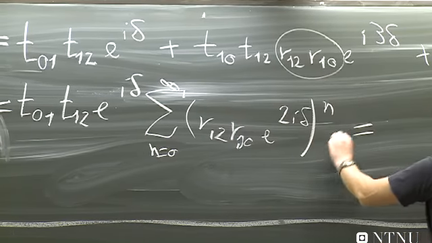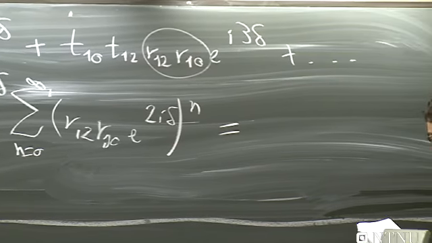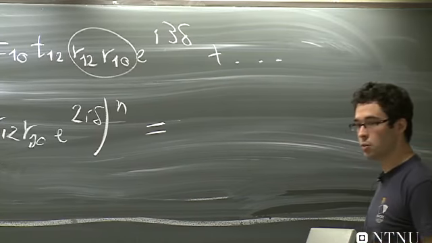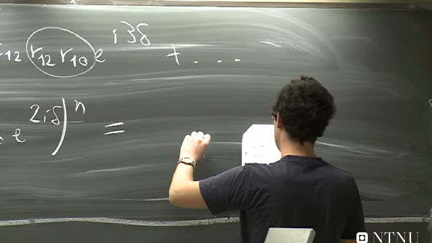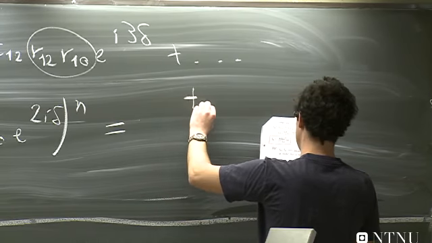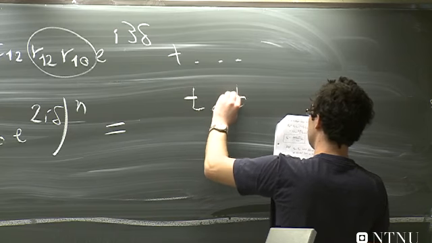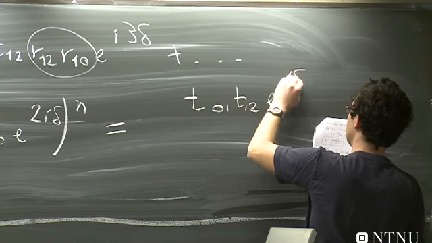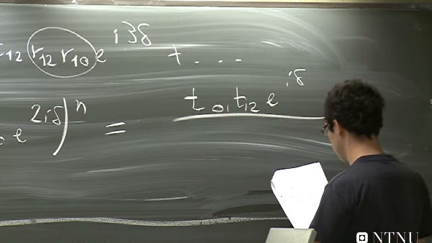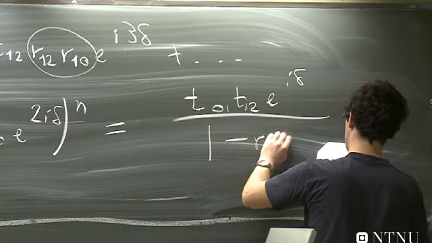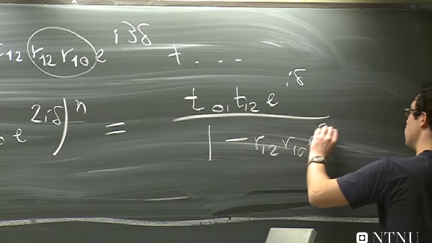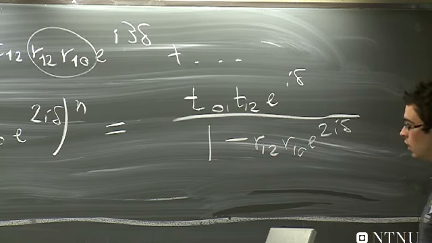And because this is, again, simply a geometric series that should converge, otherwise we'd have some sort of energy source, I can simply write down the answer: T01, T12, e to i delta. That's the prefactor. And here I get 1 minus R12, R10, e to 2i delta. Okay.